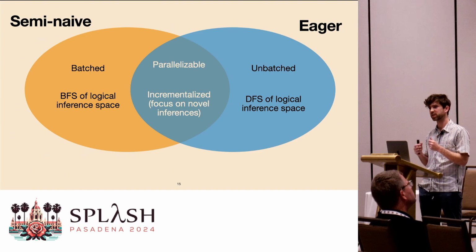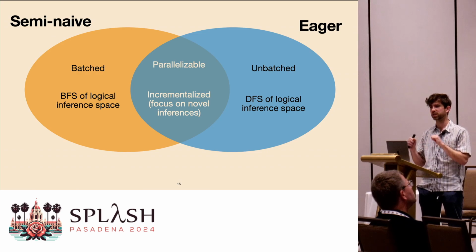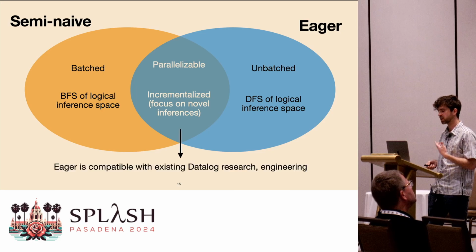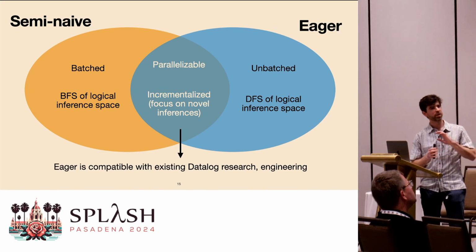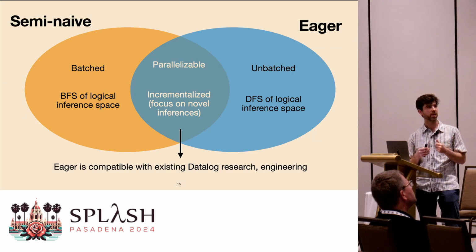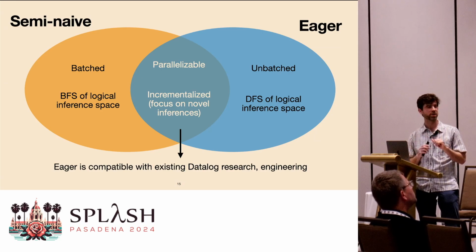They're both incrementalized in that they focus on novel inferences, like the delta relations in semi-naive. And we'll see that there's enough overlap that eager evaluation is largely compatible with existing research and engineering on Datalog, which is key to making this practical.